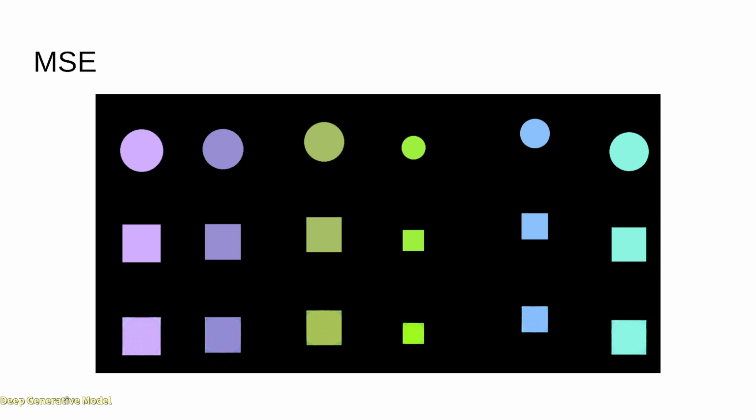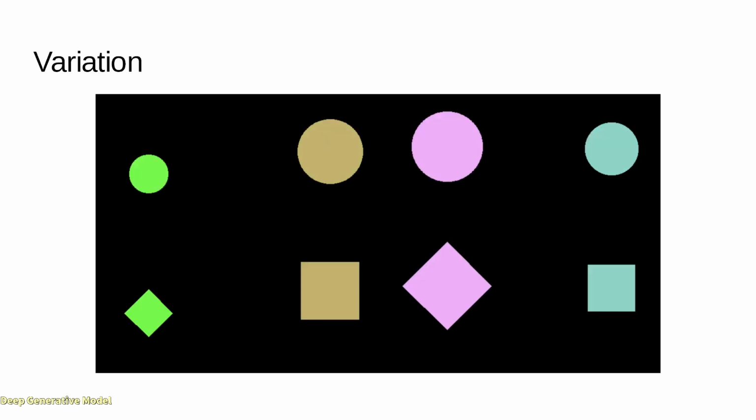Let's just change the problem a little bit here. Our input is still a circle with color filled in, and our output is still a square with the same color and the same area, except that sometimes the square rotates 45 degrees.